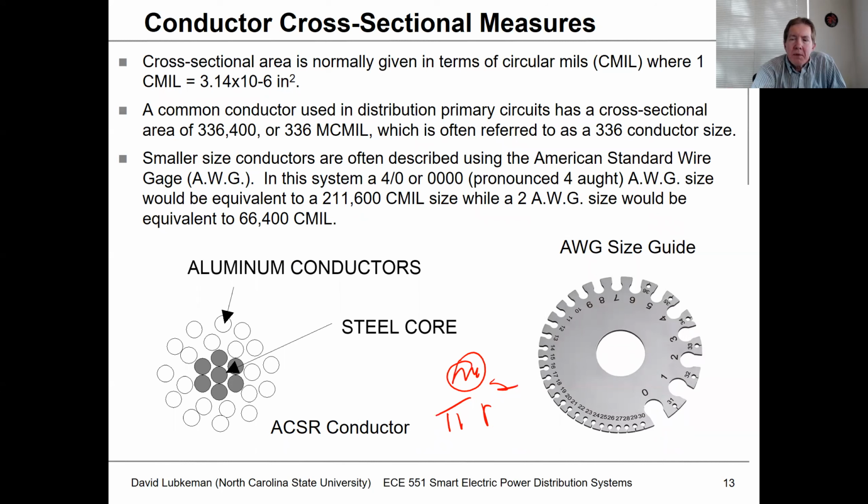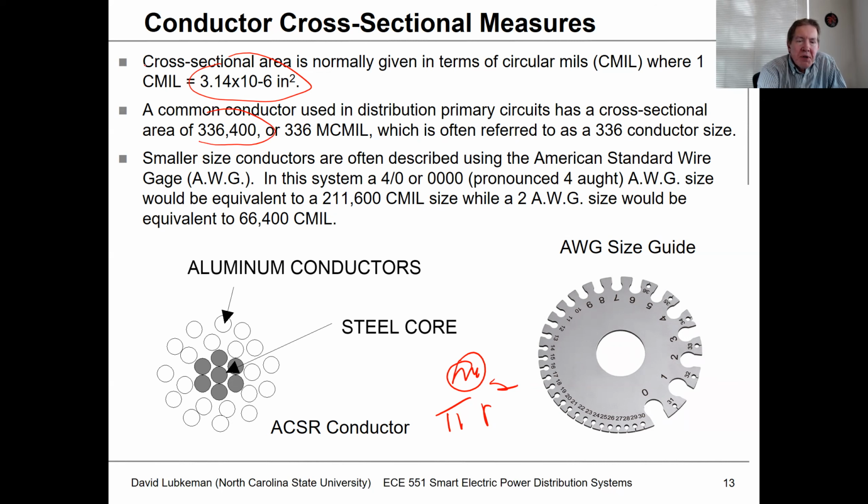So one circular mil in this case is equivalent to this cross-sectional area. A common cable would have a cross-sectional area of 336,400 circular mils.